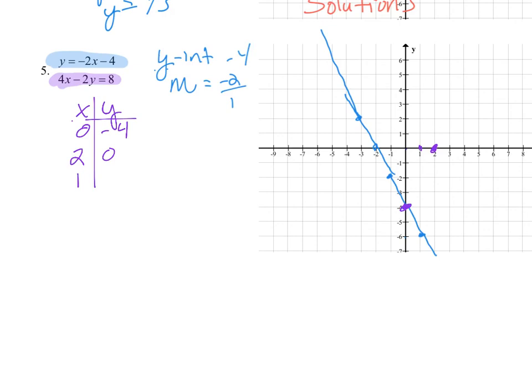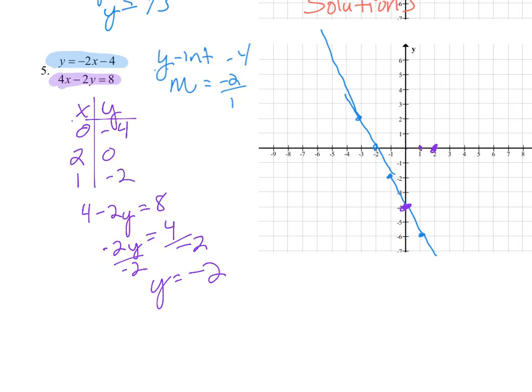So 1 in the x gives me 4 minus 2y equals 8. Subtract 4. Negative 2y equals 4. Divide by negative 2. Y is negative 2. So I have 1, negative 2. Yep, sure enough, it smacks right in the middle between my 2 points.